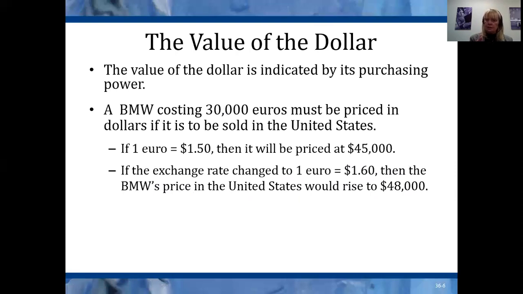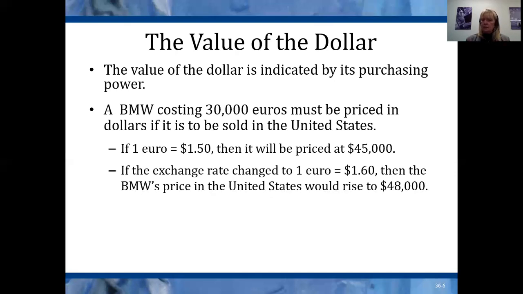That is the price of this BMW to the German manufacturer. So you can see that just by changes in the exchange rate, the price of that car just went up $3,000. The law of demand tells us as price goes up, quantity demanded goes down.